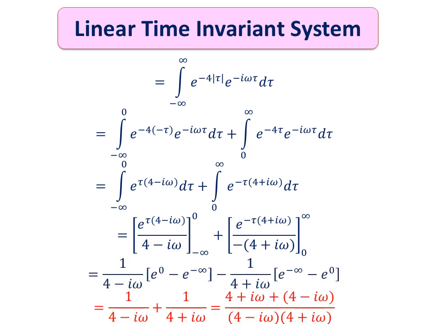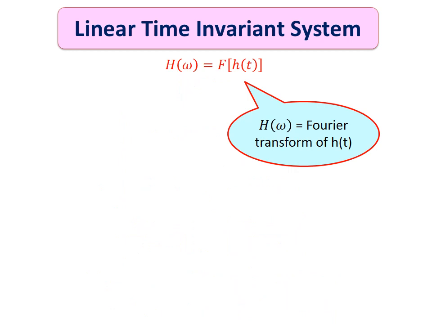Simplifying this, it gives 1 by 4 minus j omega plus 1 by 4 plus j omega. On cross multiplying, the j omega and minus j omega get cancelled. 4 plus 4 leads to 8, and in the denominator we have 4 plus j omega into 4 minus j omega, which leads to 16 minus j square omega square. j square is minus 1, so negative of negative is positive, and it leads to 8 by 16 plus omega square. This is the spectral density of the input.